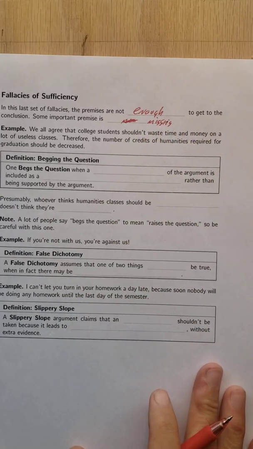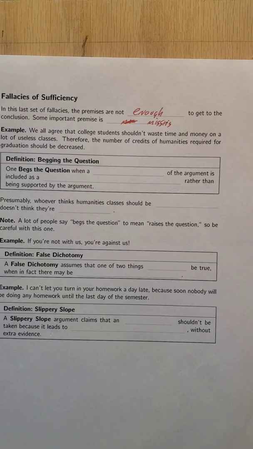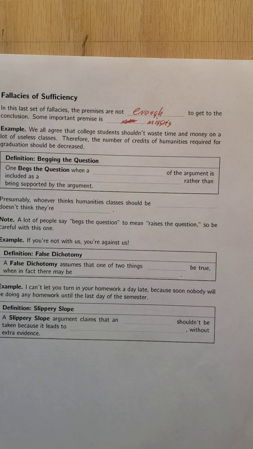And I think these will be a little bit easier to see. All right? We all agree that college students should waste time and money on a lot of useless classes. Therefore, the number of credits of humanities required for graduation should be decreased. Okay? So this is called begging the question.